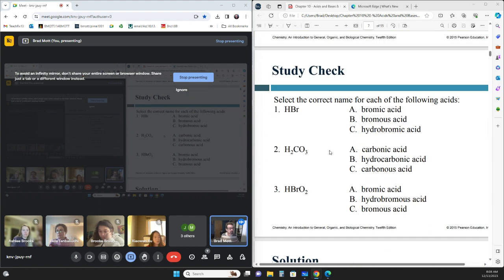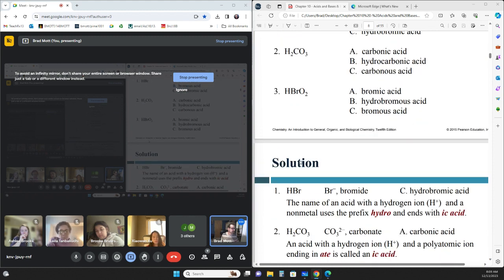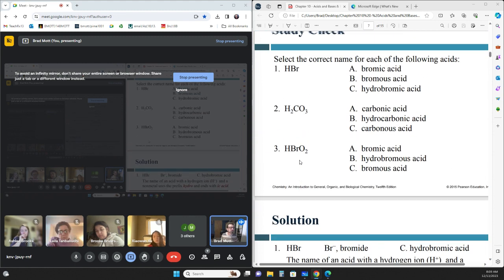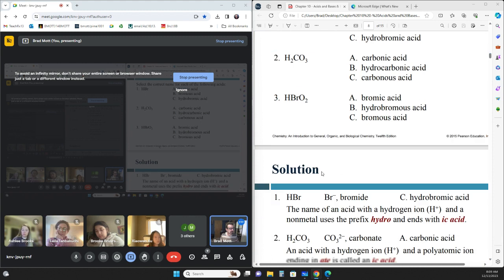So for instance, in this first case, we will have hydrobromic acid, carbonic acid in the second case, and bromous acid in the third case. Even after all this time of looking at them, I can still get thrown off by the polyatomics.